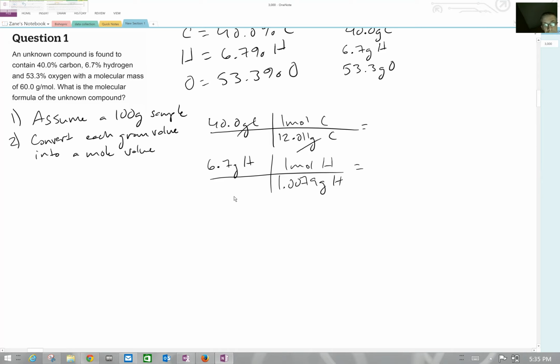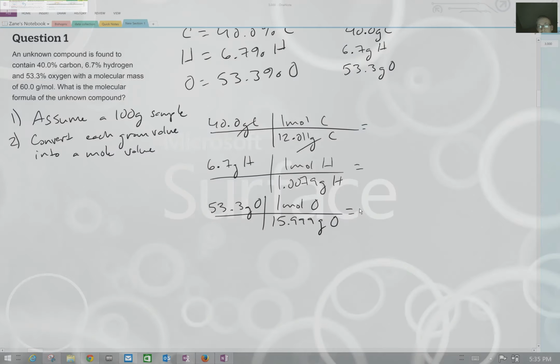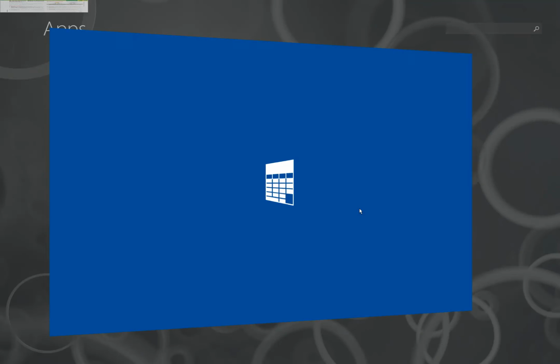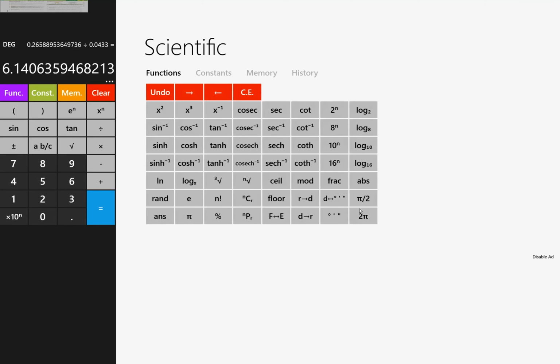And then the final conversion, 53.3 grams of oxygen. Well, we know that for every 15.999 grams of oxygen, we have 1 mole of oxygen. Okay, so let's go ahead and bring up a calculator so that we can do these conversions.